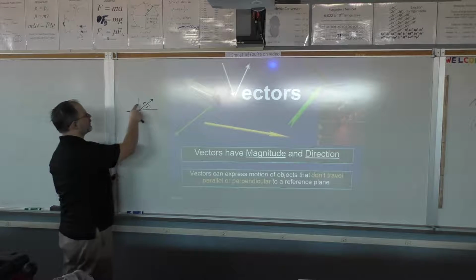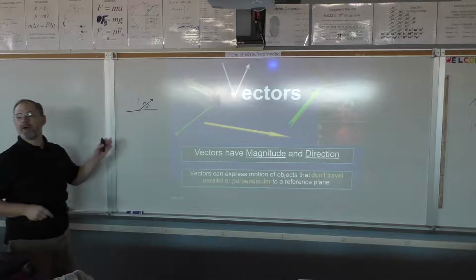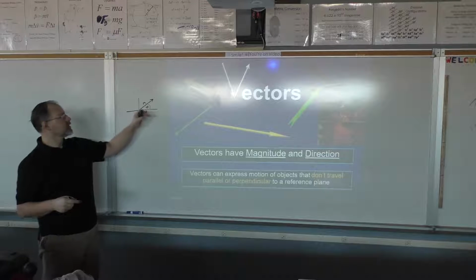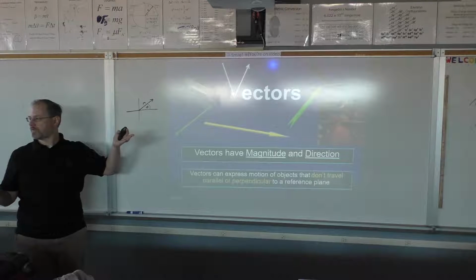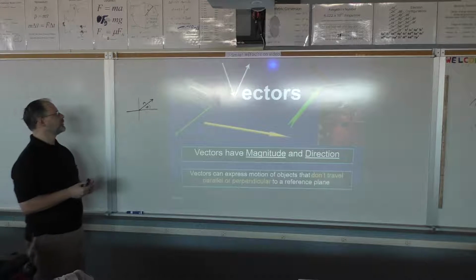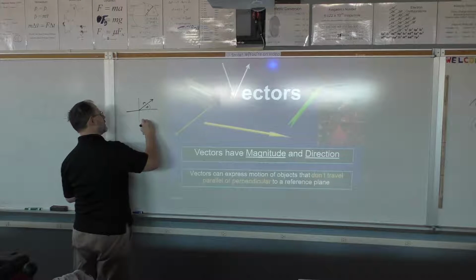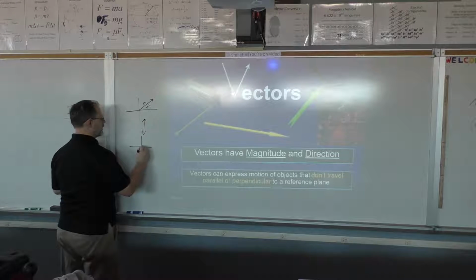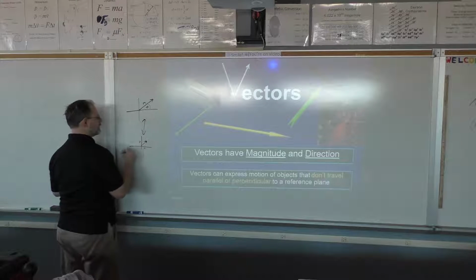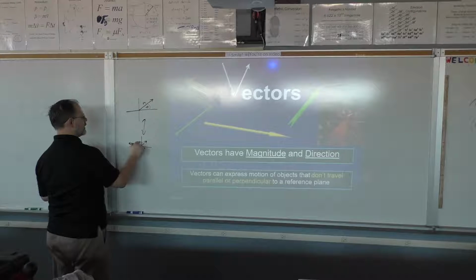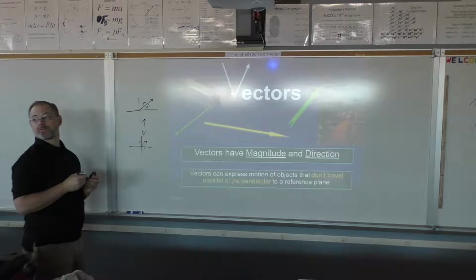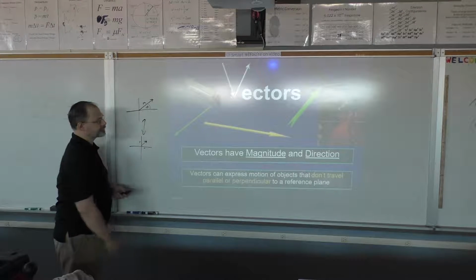So a vector has both magnitude and direction: magnitude is how long the arrow is, direction is the angle from the origin. Make sense? How you convert between Cartesian coordinates, the x and y, and polar coordinates is with trig functions, which we're going to talk about.